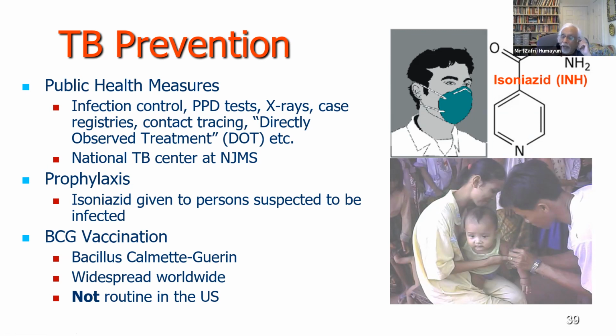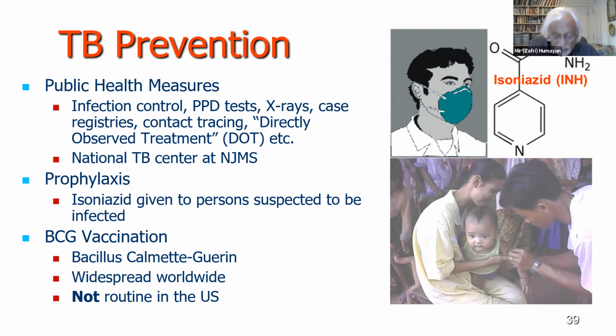You might wonder why. Why don't we try to protect our children from TB? Well, we don't give BCG vaccination to children because TB is a relatively rare disease in the United States, and BCG vaccination comes with a price. And the price is you lose the ability to diagnose tuberculosis because you lose the ability to use the tuberculin test in a meaningful way.